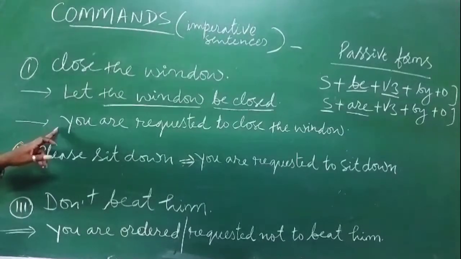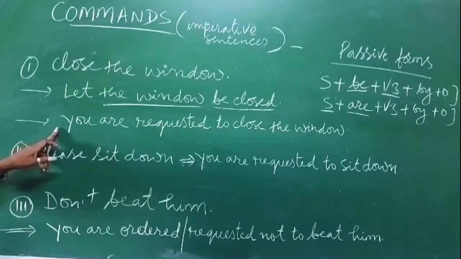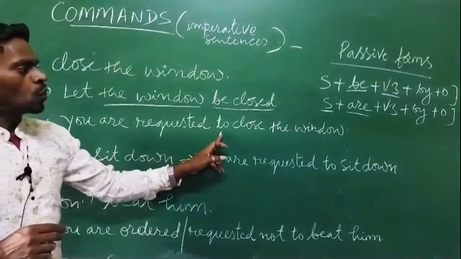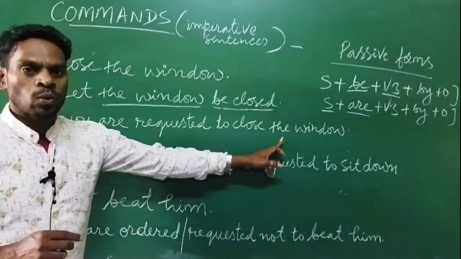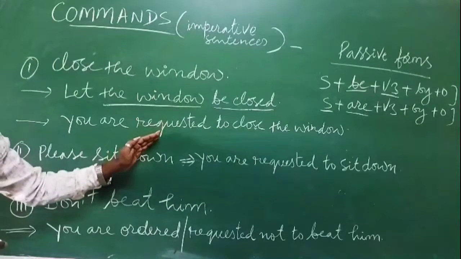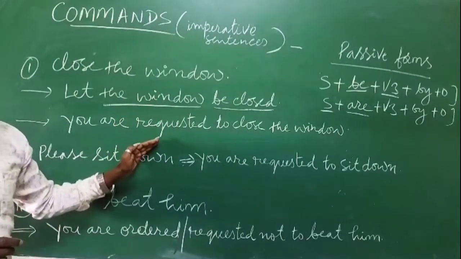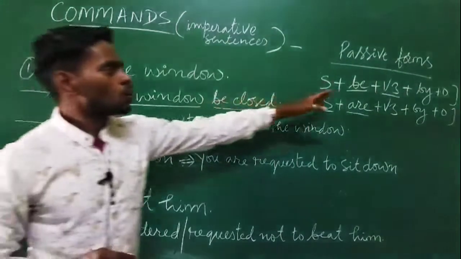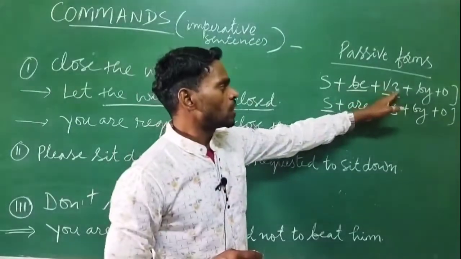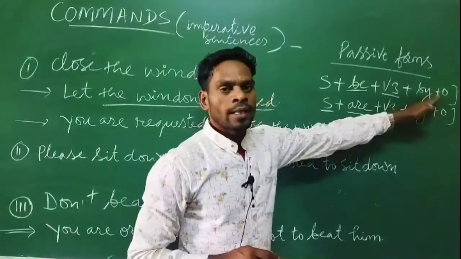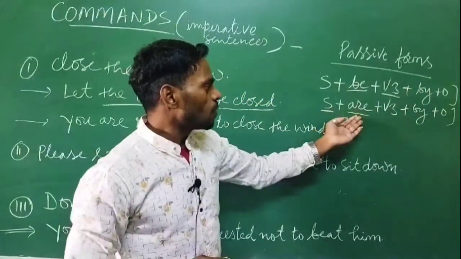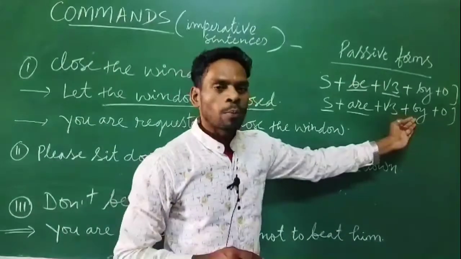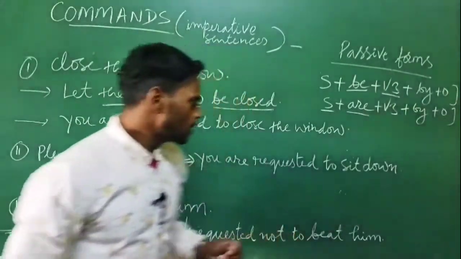The second way to change into passive voice is, you are requested to close the window. Whichever you find easy, you follow, either the first one or the second one; both are correct. So follow be plus V3, then preposition, and then object, or helping verb are, then the third form of the verb, then preposition, and then object.